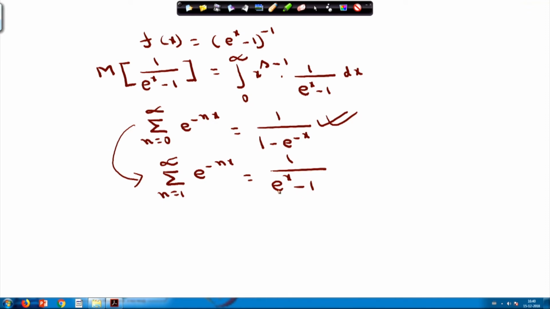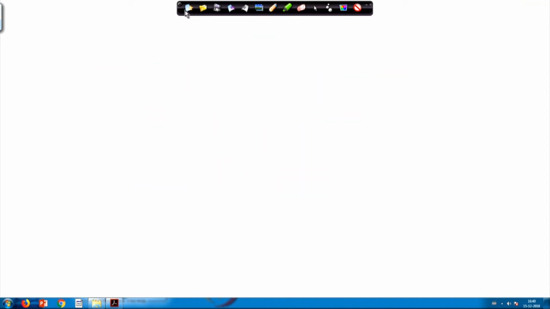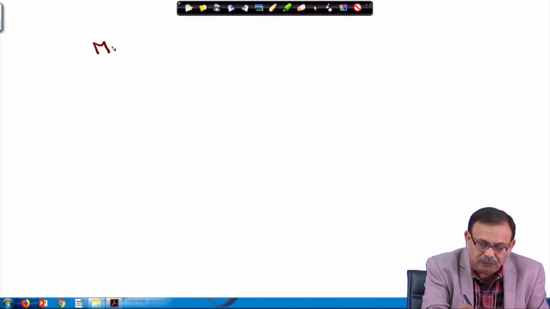So, in this given integral, I can simply replace this value by this summation n equals 1 to infinity e power minus n x. So, replacing the value of 1 by e to the power x minus 1, I will obtain like this.